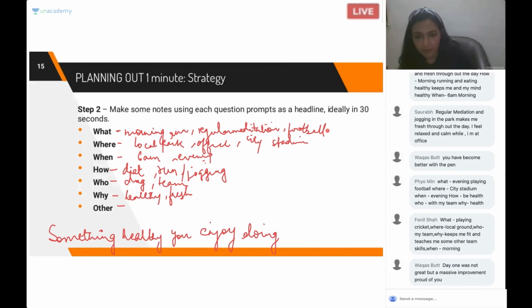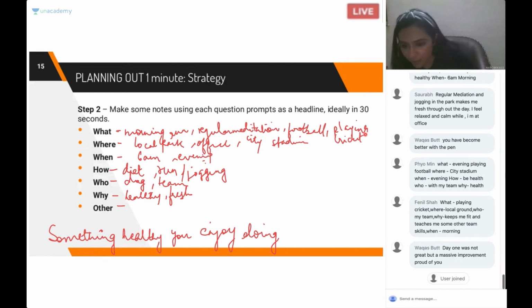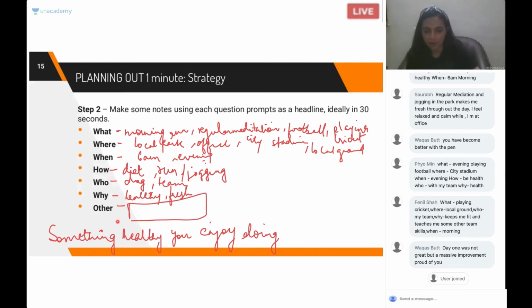Playing cricket. Yes, I would give more scores on that. I love playing cricket. Local ground. Yeah, so and so forth. You guys have got a good understanding. Nobody gave me an additional example of anything other than the list of words that is already present here.